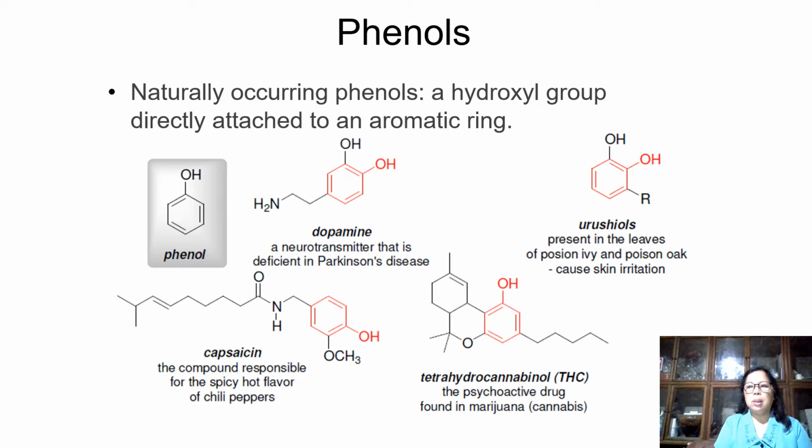And what is the irritant is a phenol urushiol, and this is how it looks like. So you have there the functional group, and the whole of this is the alkyl group.